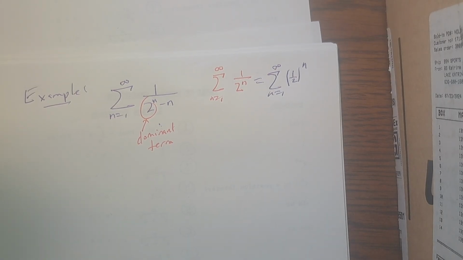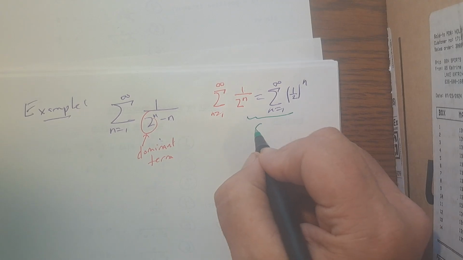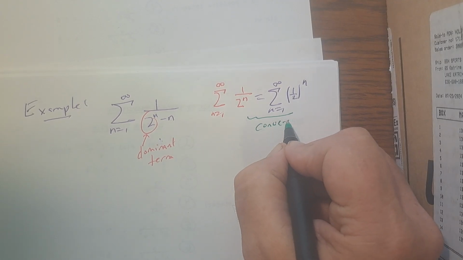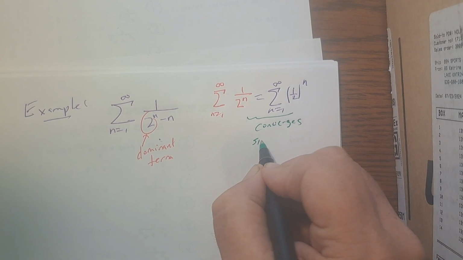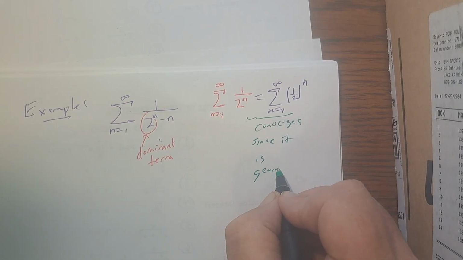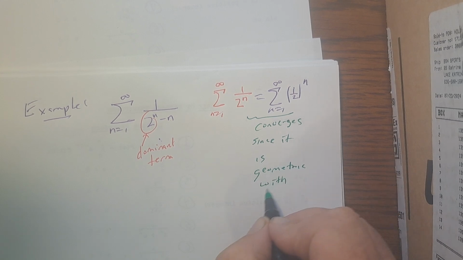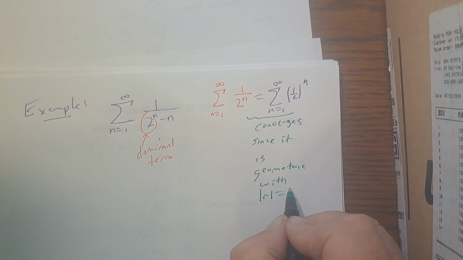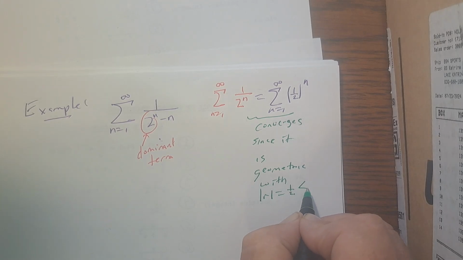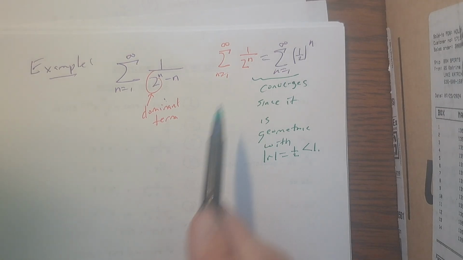So this guy converges since it is geometric with the absolute value of r being 1/2, and that's less than 1. So now I know the series converges. I know I have a good comparison.